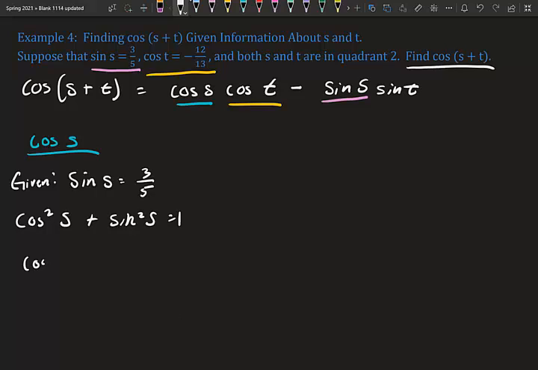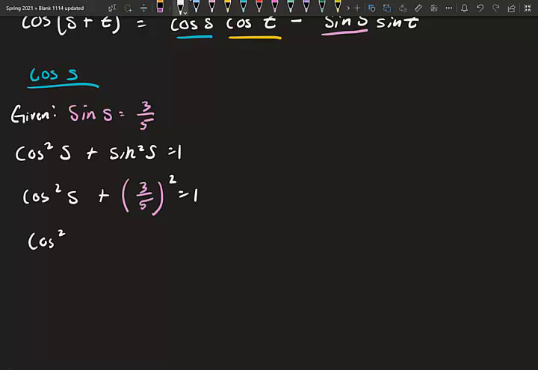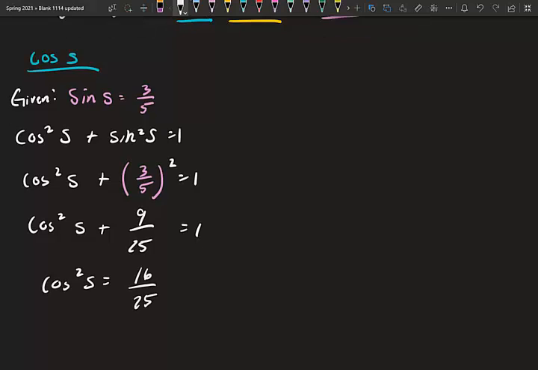So we have cosine squared s plus sine squared s. Our sine, which we already got, was 3 over 5. That equals 1, so we simplify. So we have cosine squared s plus 9 over 25 equals 1. We subtract 9 over 25, so we have cosine squared s equals 16 over 25. We square root.